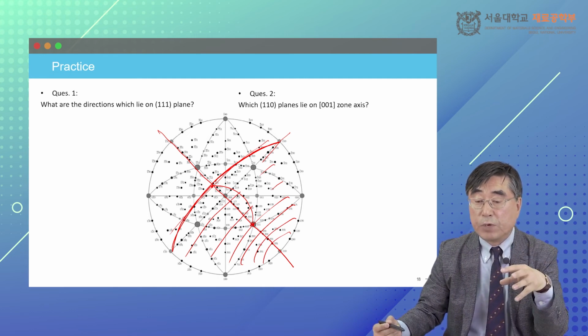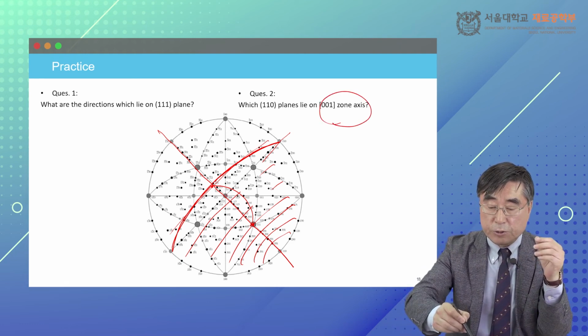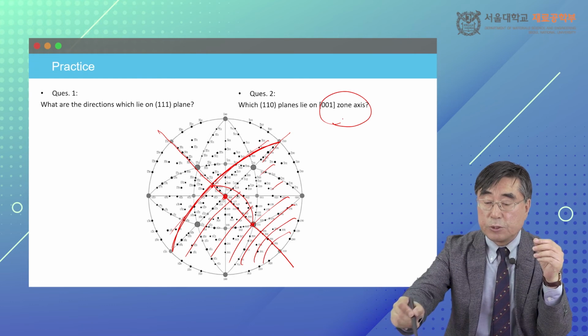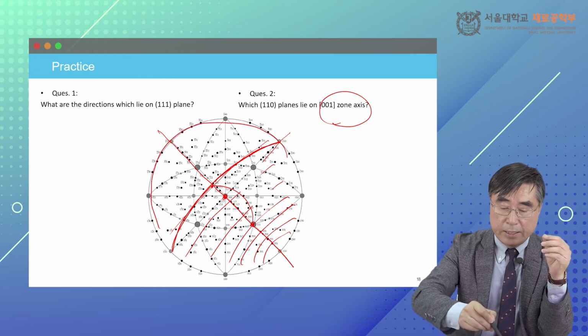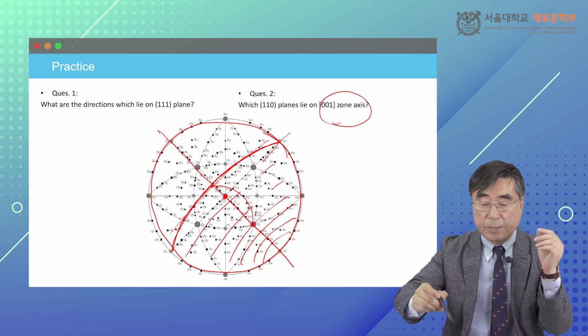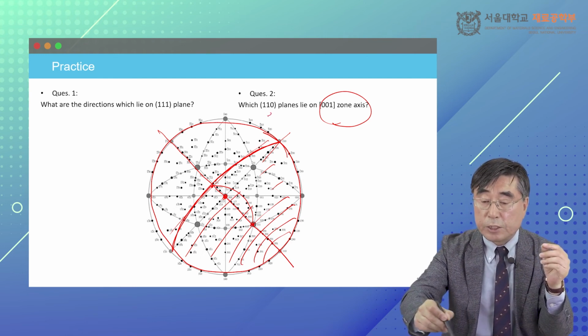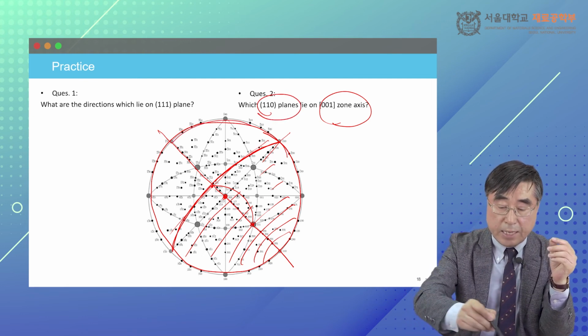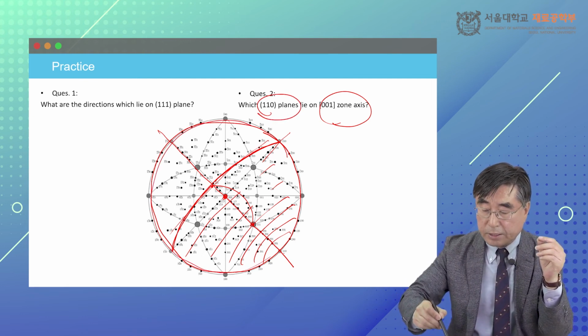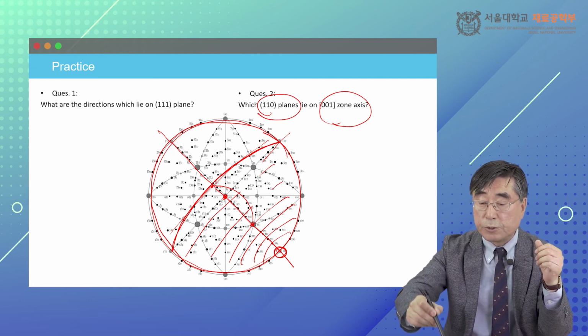Then which 110 planes lie on the 001 zone axis is the same thing. This is 001, and the 001 zone axis means any directions which have 90-degree angle separation from this 001. So any 110 planes on these lines, this is 110, have again 90-degree angle separation from the 001 zone axis.